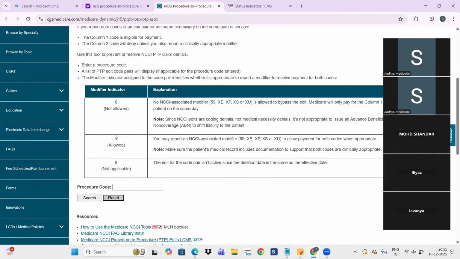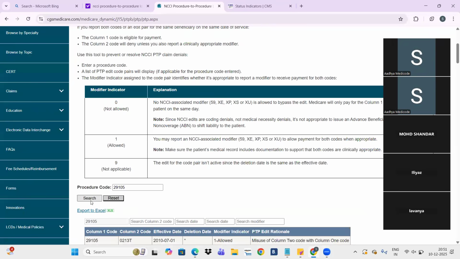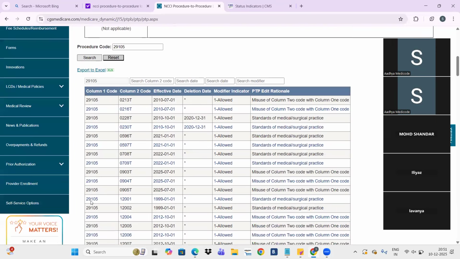1 allowed: you may apply modifier 59 to report the minor procedure. 9 not applicable: the edit code pair is not active, so we can code the two procedures directly. How will we get the edit? If we add one procedure and search, it will show the column.